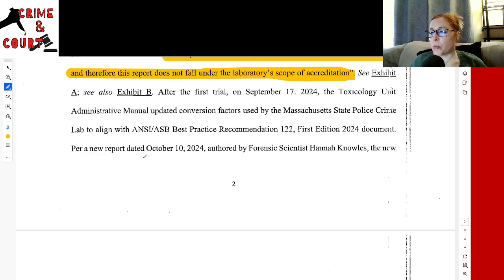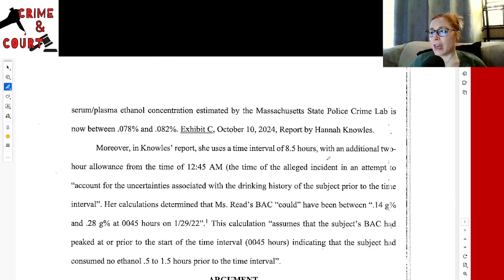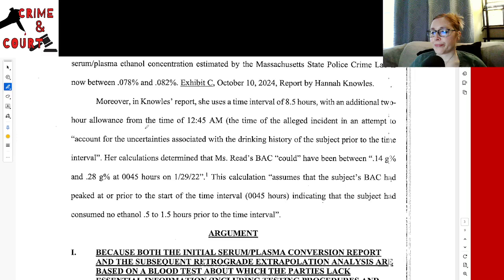Per a new report dated October 10th, 2024, authored by forensic scientist Hannah Knowles, the new serum/plasma ethanol concentration estimated by the Massachusetts State Police Crime Lab is now between 0.78 and 0.82%. So it went down by 1 here.